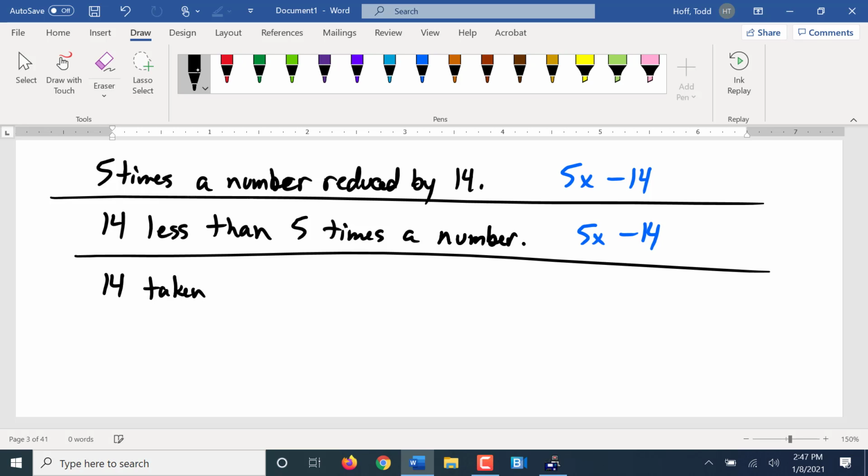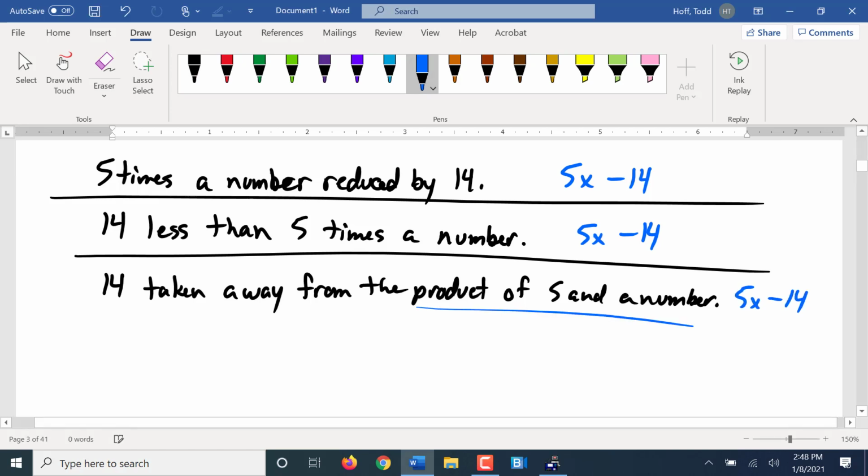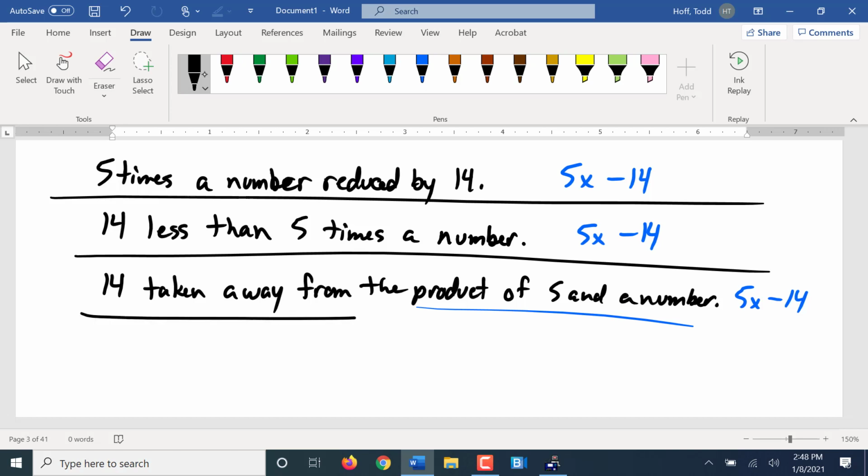I have 14 taken away from the product of 5 and a number. Once again, 5x minus 14. The product of 5 and a number is the 5x, 14 taken away from, again means 14 is being subtracted from something.